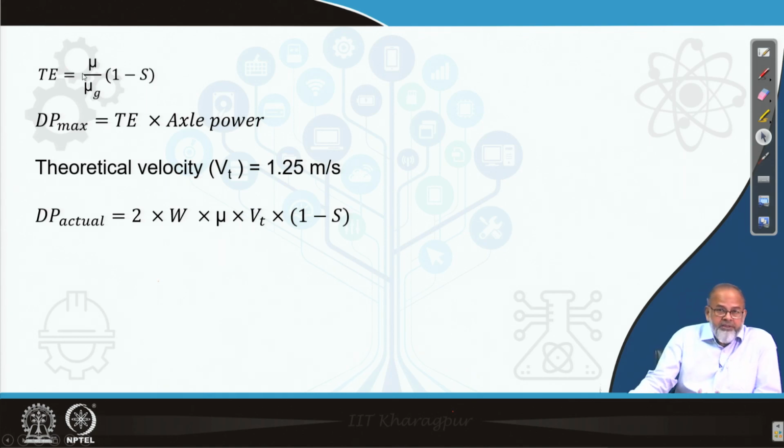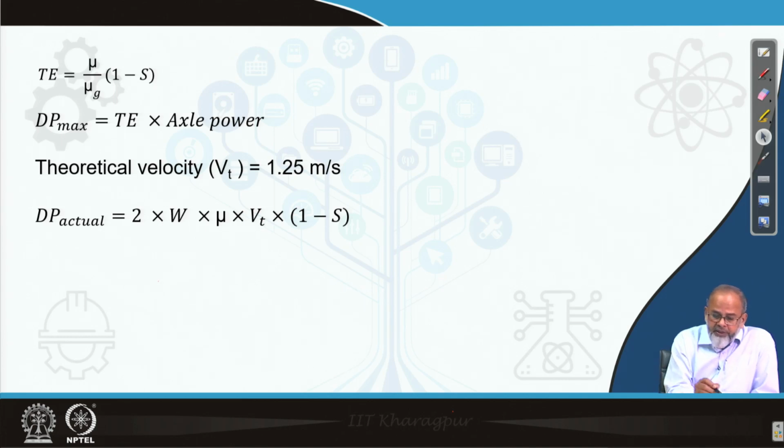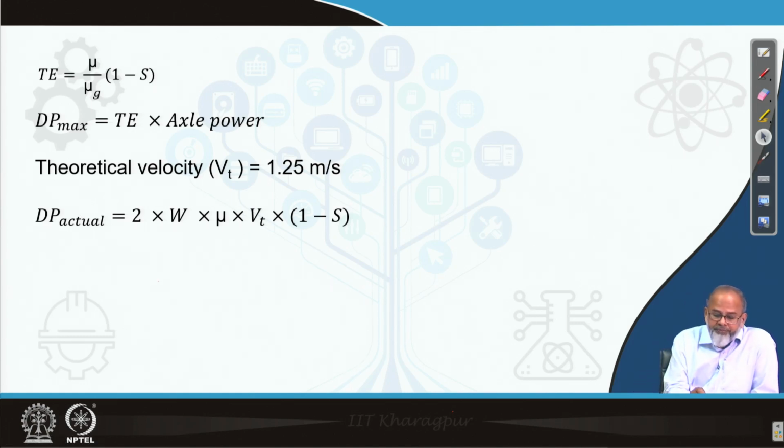And tractive efficiency is nothing but drawbar power by axle power, or in other words it is the ratio of COT by CGT into (1 minus S). S is the slip. And drawbar power maximum, if you want to calculate, then axle power has to be multiplied with tractive efficiency. And theoretical speed of operation we have taken as 1.25 meter per second.